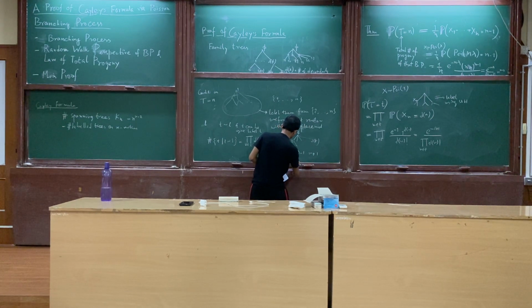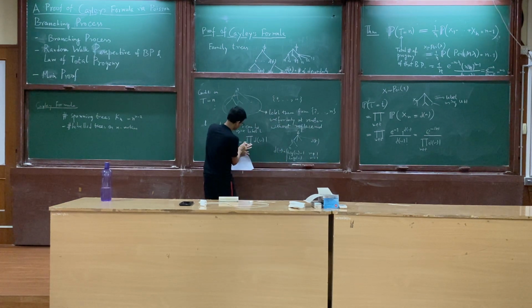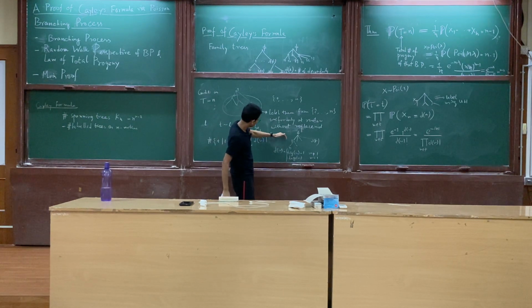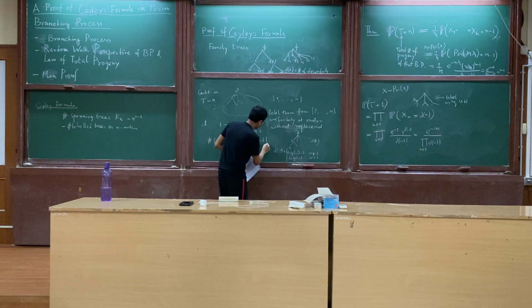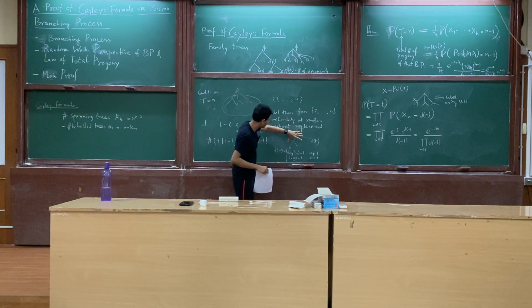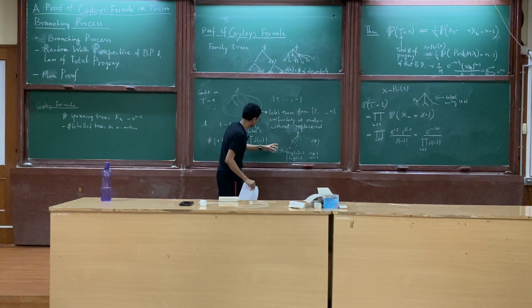And this is degree of W for W equal to 1. So that will remain the same actually. In this course we are counting more number of family trees.